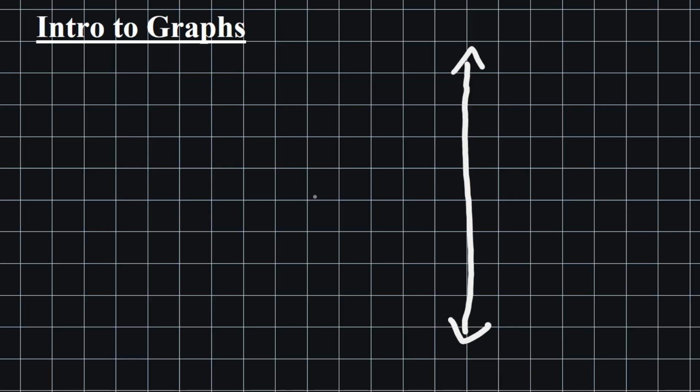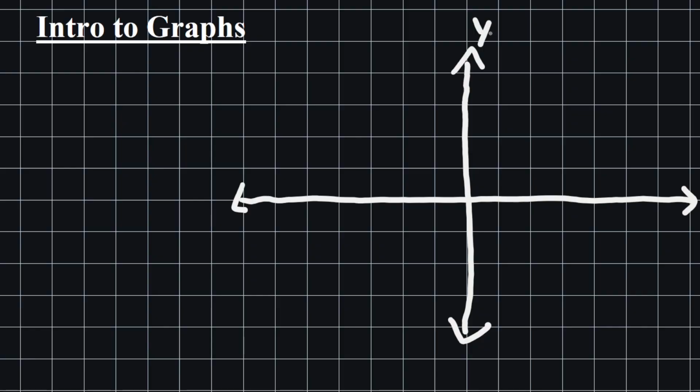And we have another line that goes from left to right to infinity in both directions. So let's draw this line from left to right. Excellent. This line that goes from top to bottom is called the y-axis.